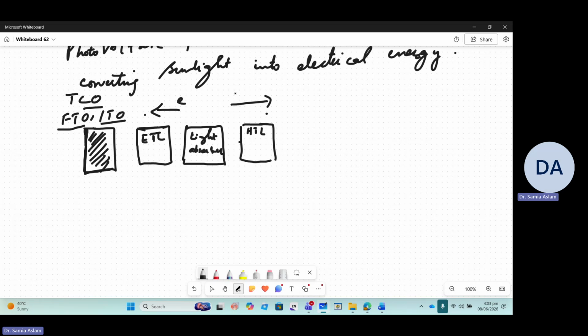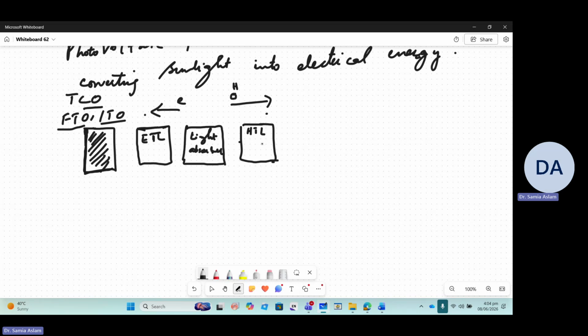Electrons will travel on this side while the holes, or H, we can use symbol H, will travel on the right hand side, because they are oppositely directed. For example, the electron will travel to the positive side and the hole will be attracted toward the negative side. The HTL is a layer which supports the movement of the hole, just like in a storage device, electrolyte is a medium where ions travel, while the external circuit is the medium where electrons travel.